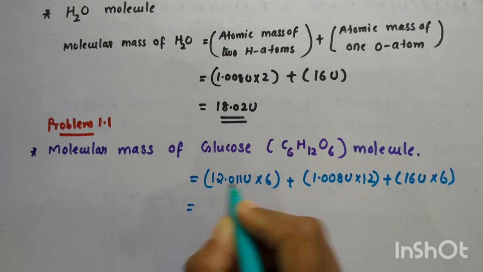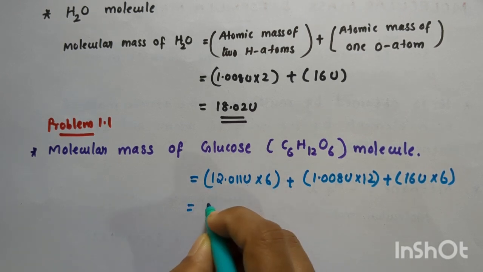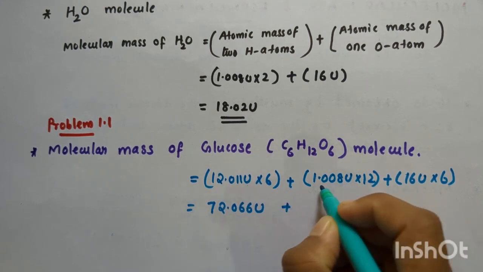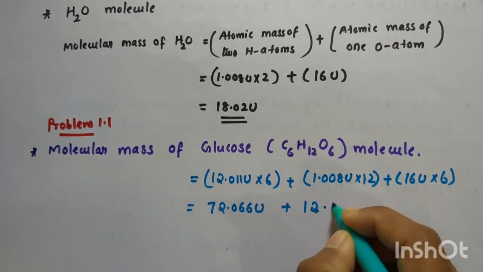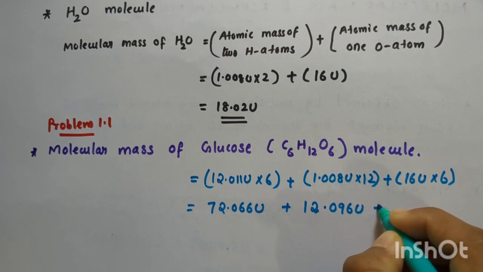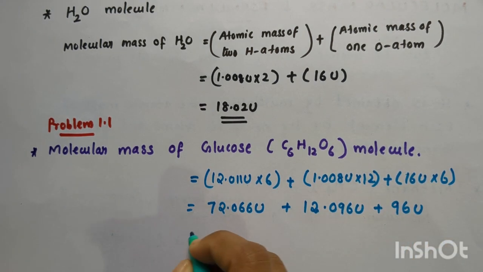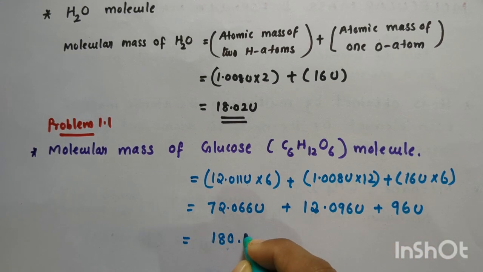When you multiply 12.011 u by 6, you get 72.066 u. Plus this gives 12.096 u. Plus this gives 96 u. Now, when you add these, you get 180.162 u. So 180.162 unified mass u is the molecular mass of glucose.